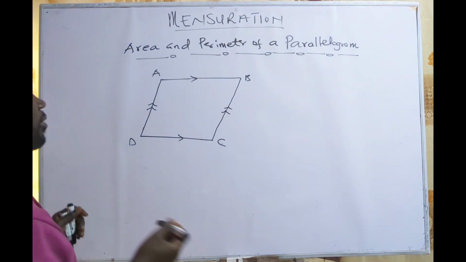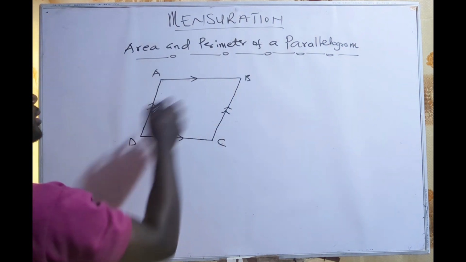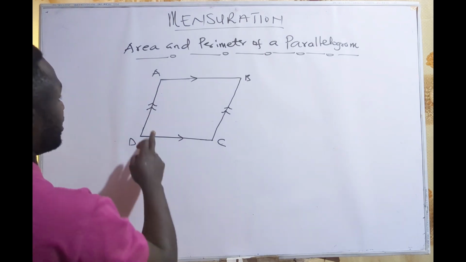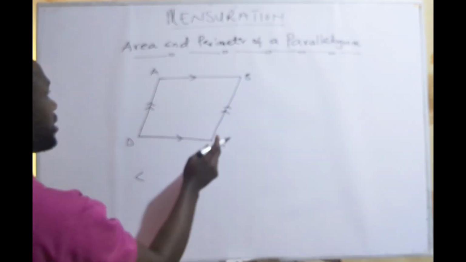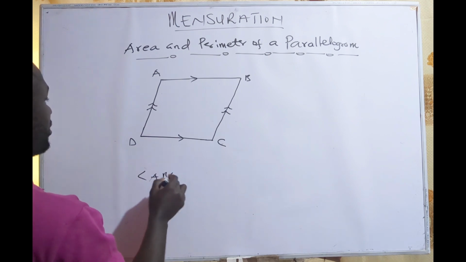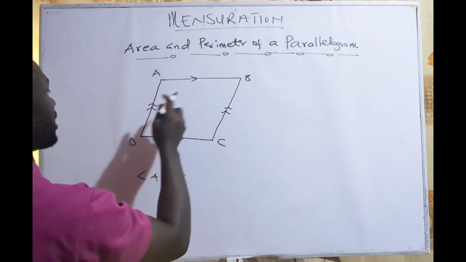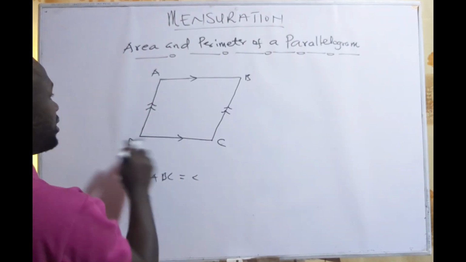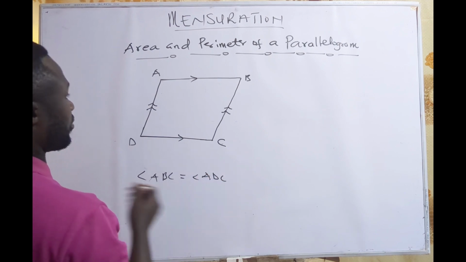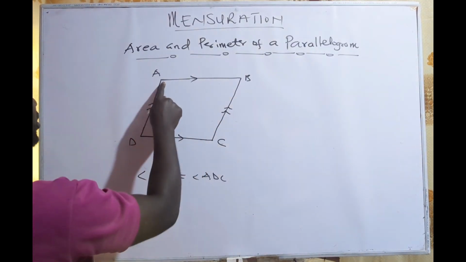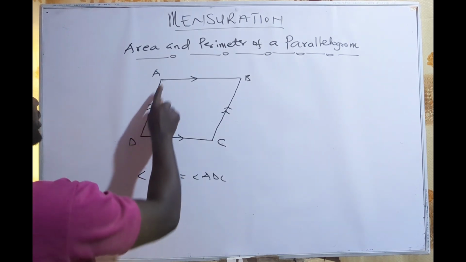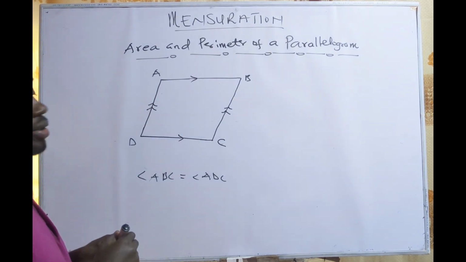For a parallelogram, the opposite angles are the ones that are the same. So angle ABC is the same as angle ADC. The opposite angles are equal, and the co-interior angles add up to 180.